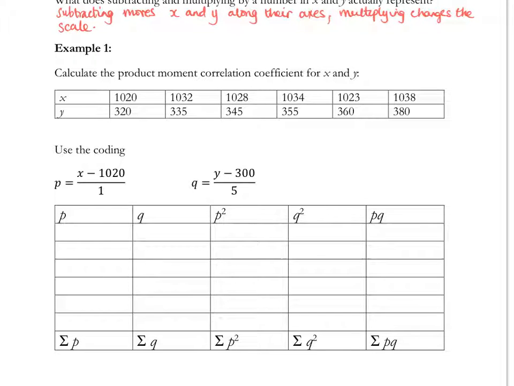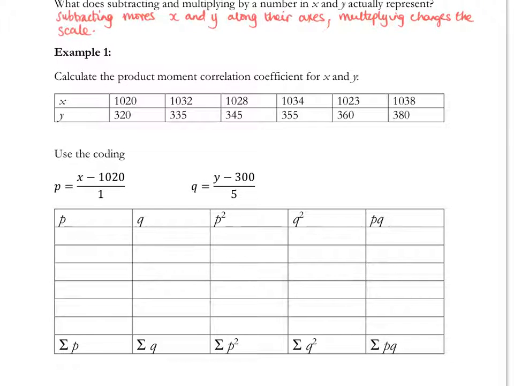Use this coding. So let's pop in what we've got. P is equal to X minus 1020 and then dividing by 1. So we can do that by popping the numbers in. So P is 0, then 12, 8, 14, 3 and 18.